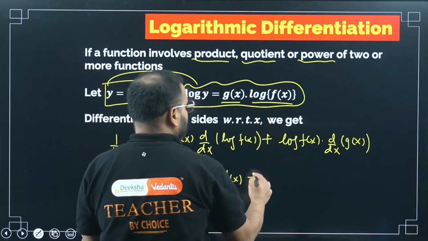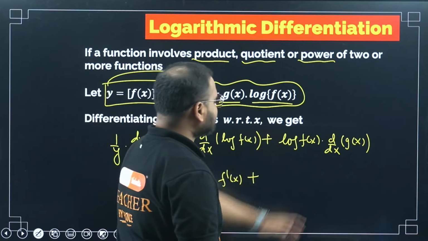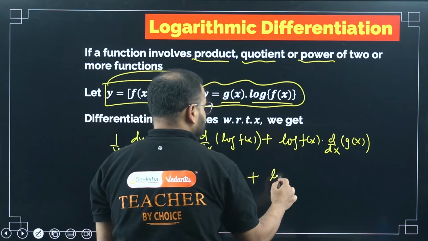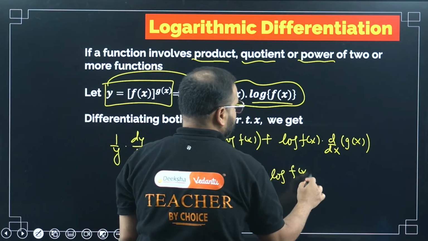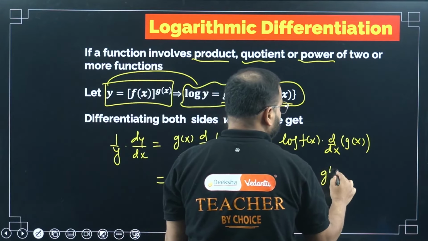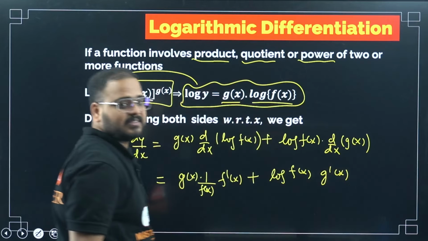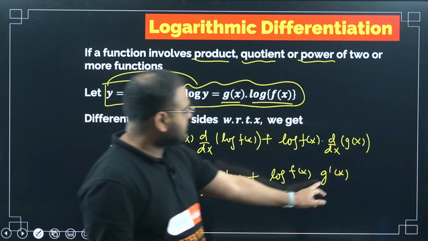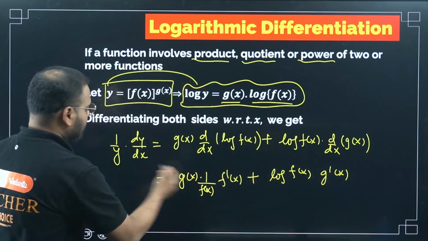I hope this is clear. Log f(x) will remain as it is. How will this be? This will be g dash of x. G dash of x, yes or no? Please check. How much can I rewrite this?